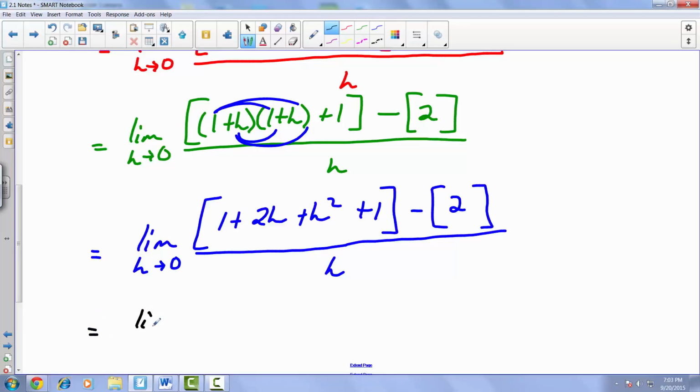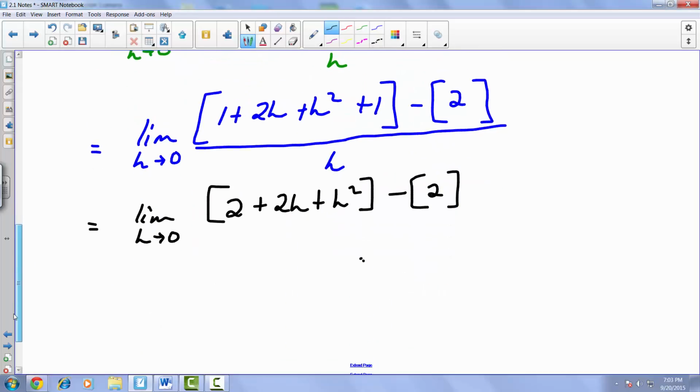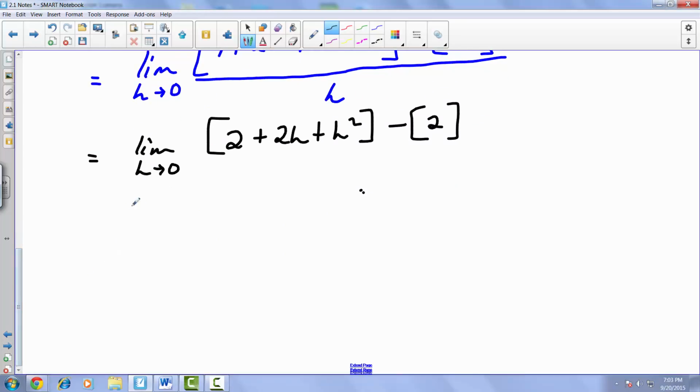So then we end up with the limit as h goes towards 0 of 2, because 1 plus 1 gives us 2, plus 2h plus h squared minus 2. And again, this is still all over h.